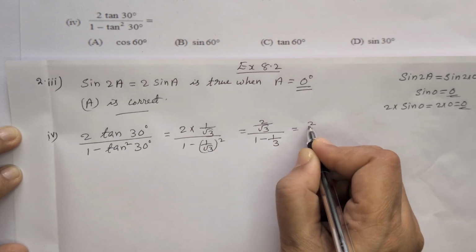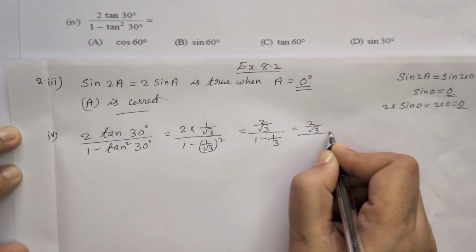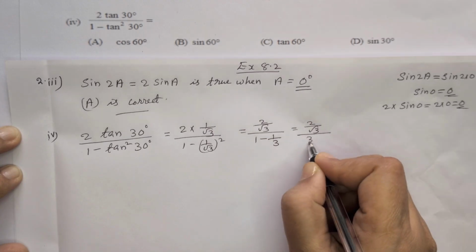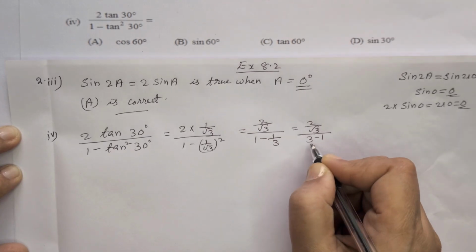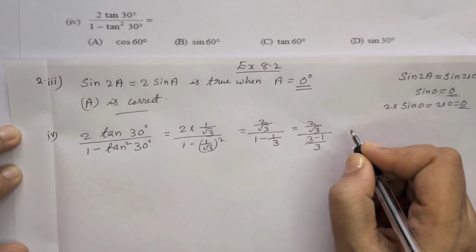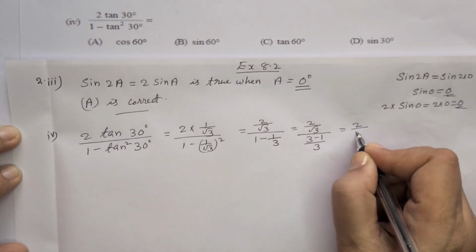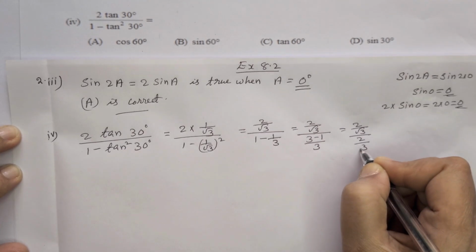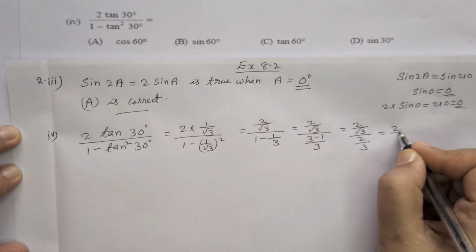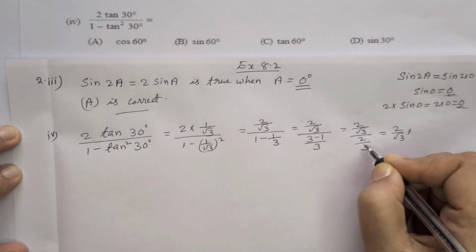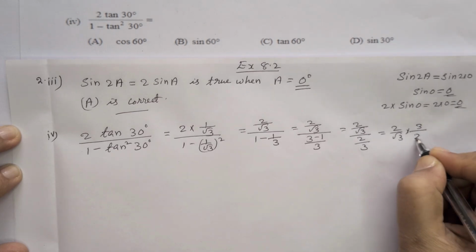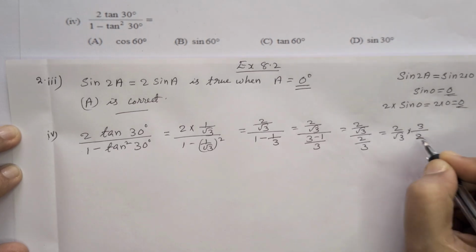It is equal to 2 by root 3 in the numerator, and here 3 is the denominator, so 3 minus 1. Take 3 as the LCM, which is equal to 2 by root 3 by 3 minus 1 is 2, 2 by 3. This we can write 2 by root 3 into, take the reciprocal of the denominator fraction, so 3 by 2. We can cancel this.